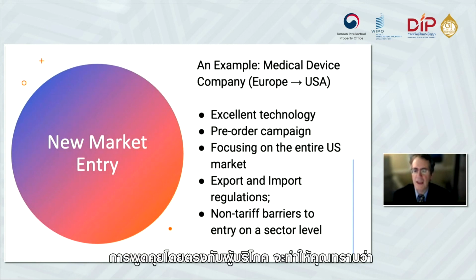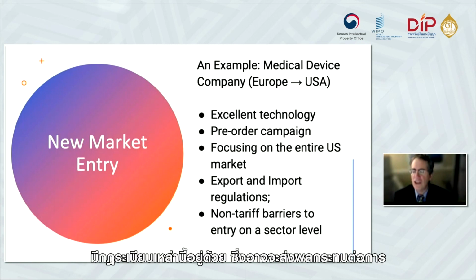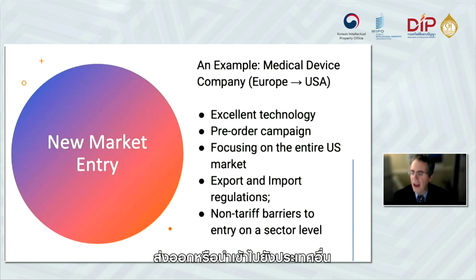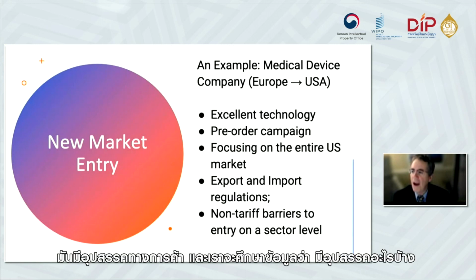And by talking directly to customers, you actually begin to find out, oh gosh, there are these regulations that are going to affect whether or not I can export or import into another country. There are barriers, and I've got to find out what they are.